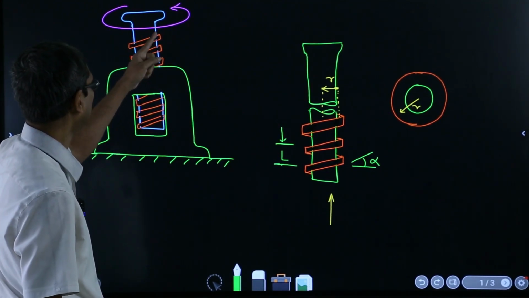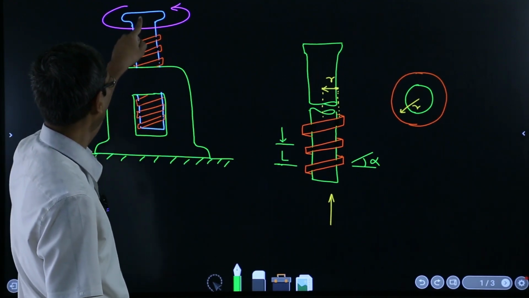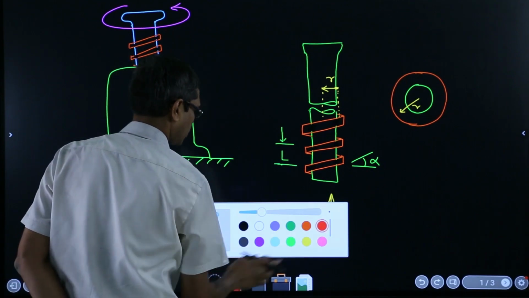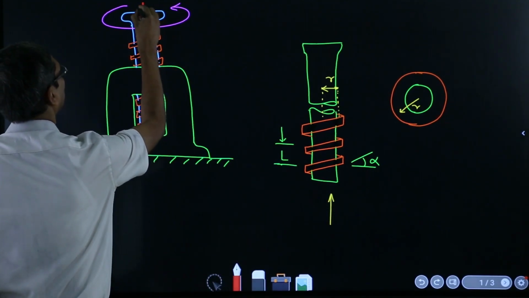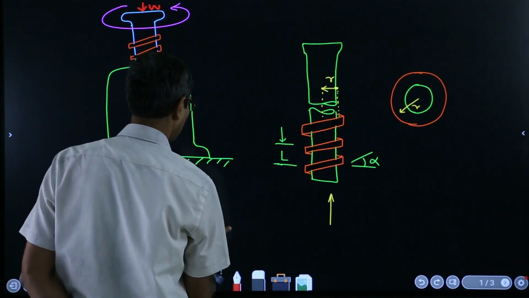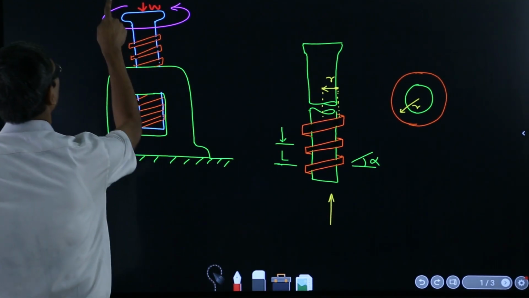If we now turn this, it will move up, and whatever load, suppose I show a load over here, say weight W. Let me bring it down, maybe.